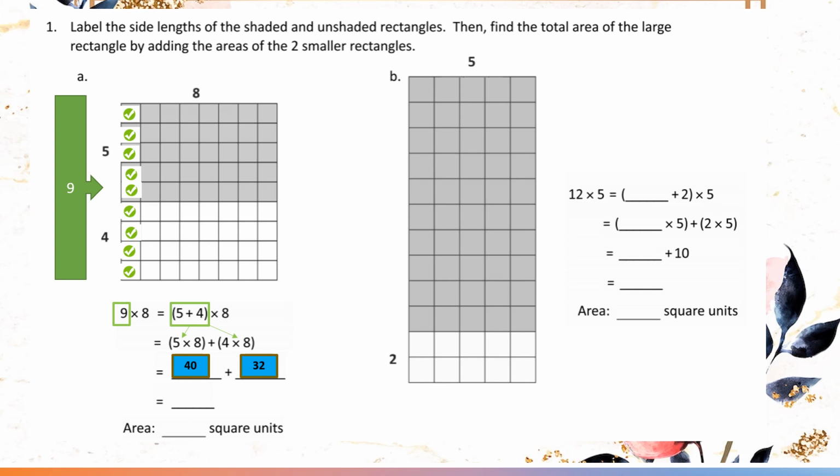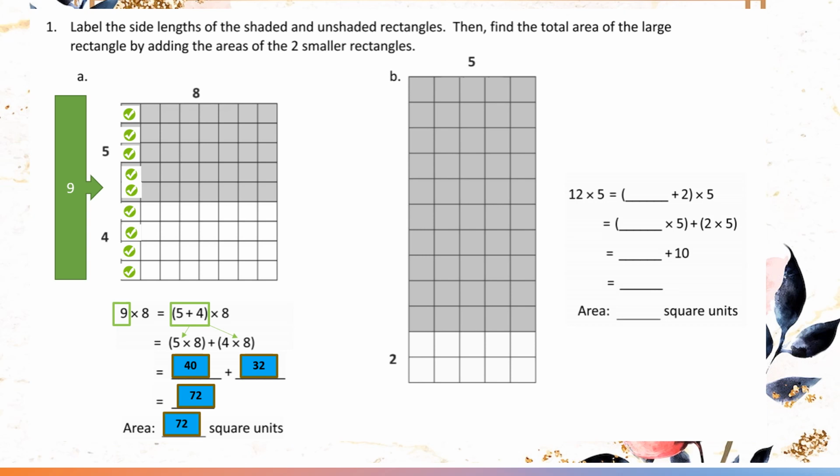That's right, 32. So now we're going to combine those numbers. We're going to put that back together. We're going to add those two numbers together from our smaller equations to get our answer. 40 plus 32, which is 72. So that means that our total area is 72 square units.